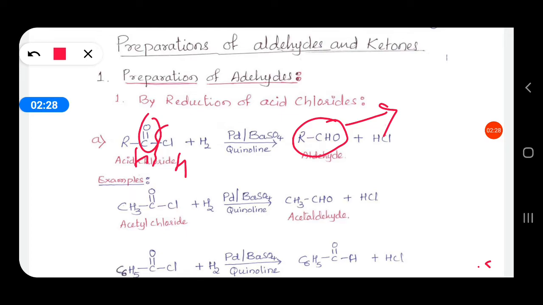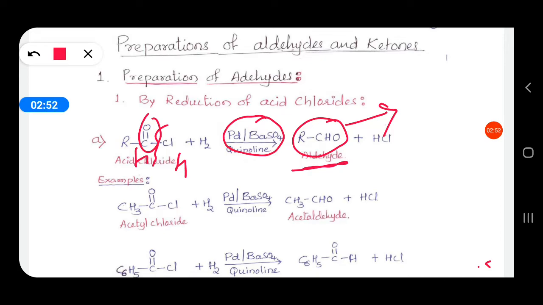So, to stop the next step of the reaction, this catalyst is somewhat poisoned. Poisoned means it is deactivated by adding quinoline, or it is poisoned with sulfur, so that it is partially deactivated, and the reaction stops at the aldehyde level only.